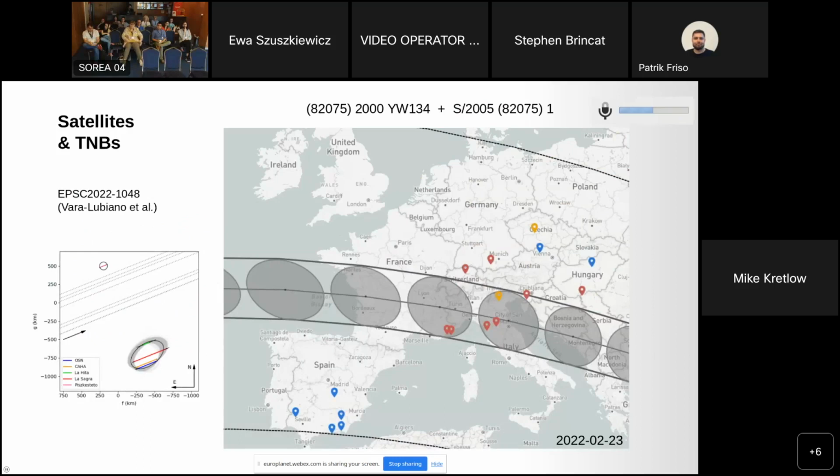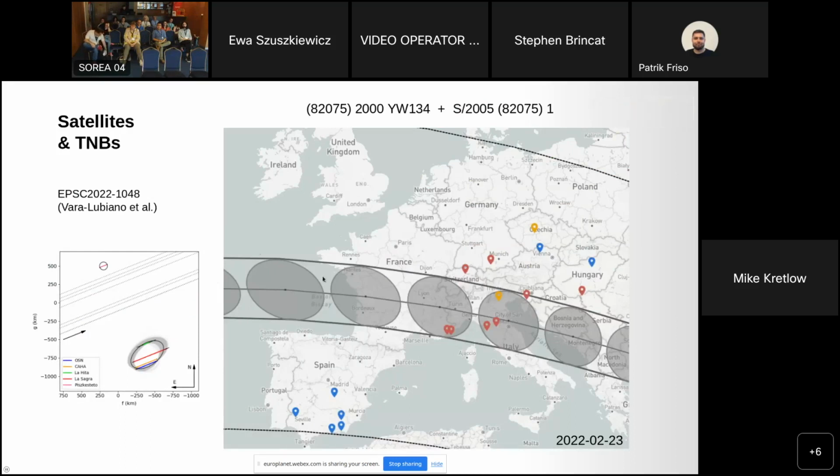Another interesting possibility is to detect satellites or the binarity of TNOs. Beside Pluto and Charon, this was the first occultation where we simultaneously had positive occultations of the main body and of the presumed satellite. These blue dots are the positive occultations. What do you see here?